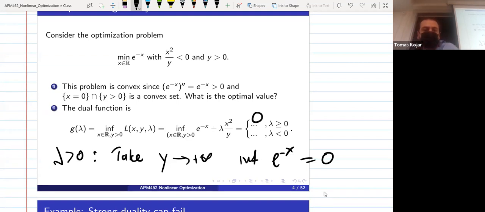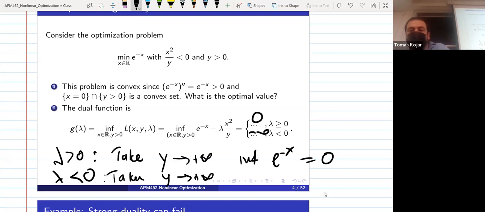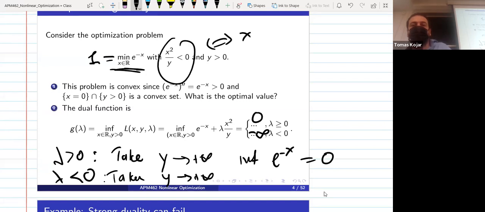And then take lambda to be strictly negative. Then you can take again y to plus infinity. And then you will get minus infinity. Okay? All right, anyhow. But the point is the minimizer of this guy is 1. So this is equal to 1. Because this constraint is the same as saying x is 0.